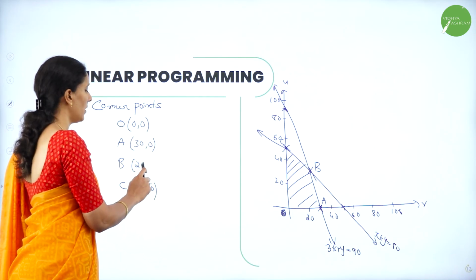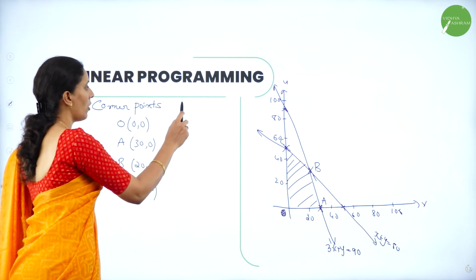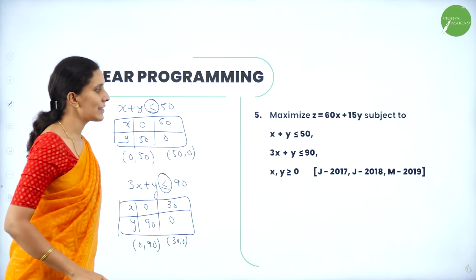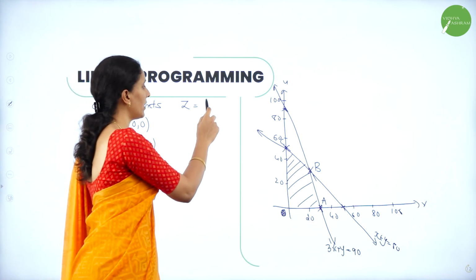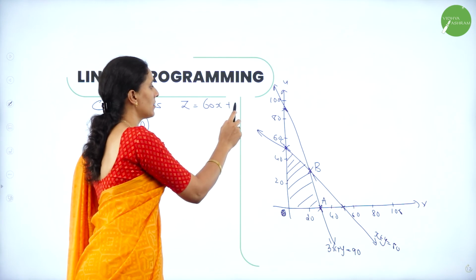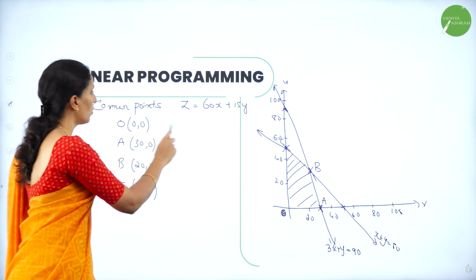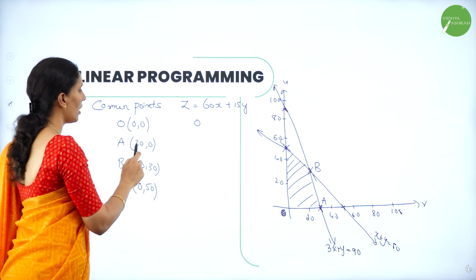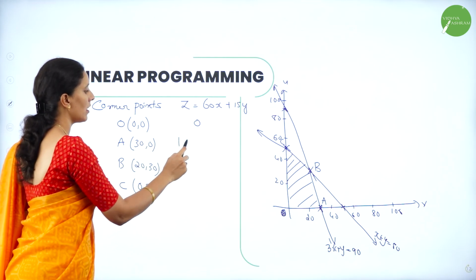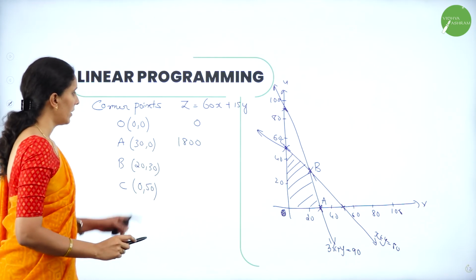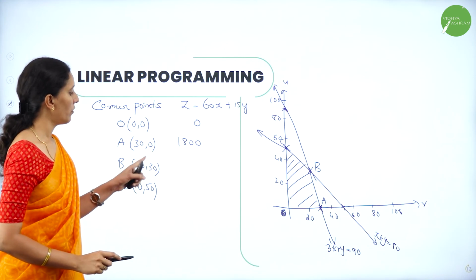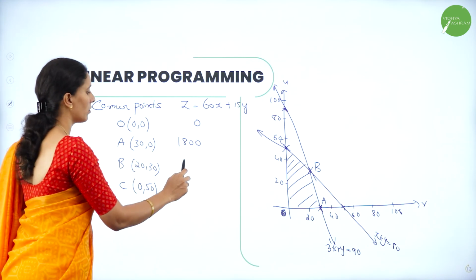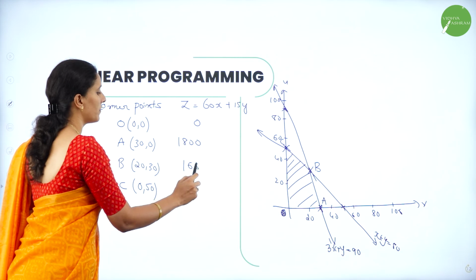Now my objective function is z is equal to 60x plus 15y. If both are 0, it is 0. Now x is 30. So 3 6s are 1800 I'll get. Here 6 2s are 12, 15 3s are 45. So 1650 I will get.